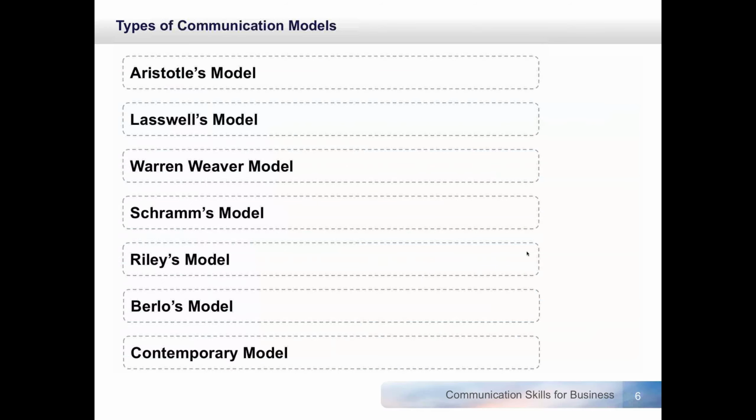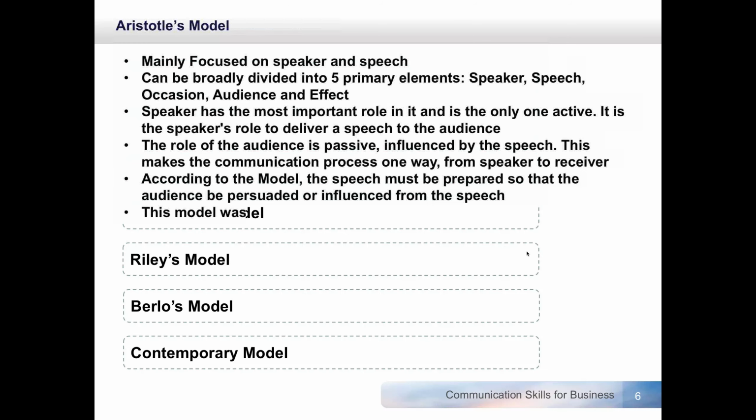Now, there are different models which have been proposed over the years, and they are applied in different situations and in different contexts. We have all these models in the slides that I'll cover, but I'll try and focus on 1 or 2. The first model we look at is Aristotle's model.